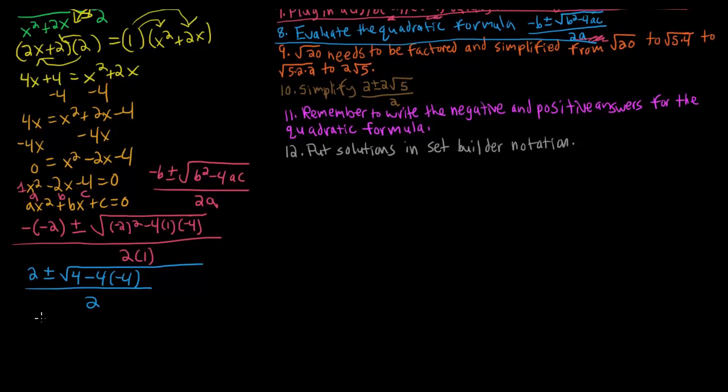We have 2 plus or minus the square root of 4 minus negative 4 times negative 4, because we need to multiply because of PEMDAS, is positive 16.